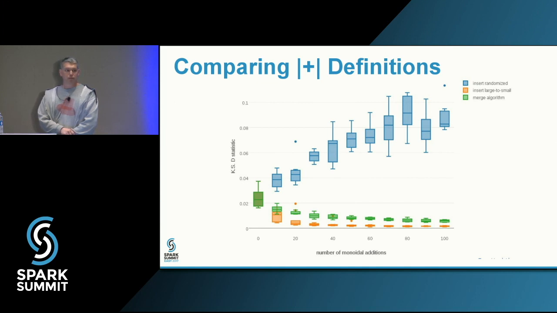It's drifting farther and farther from the distribution. So to fix that, I created the large to small ordering, which is the orange curve down there, and it got basically just better and better, so it converges. I then was talking with Ted Dunning, and he showed me the merge algorithm, and I ran the experiment again, and it also converges. So basically, both of those methods are good, and you just don't want to do it randomly.